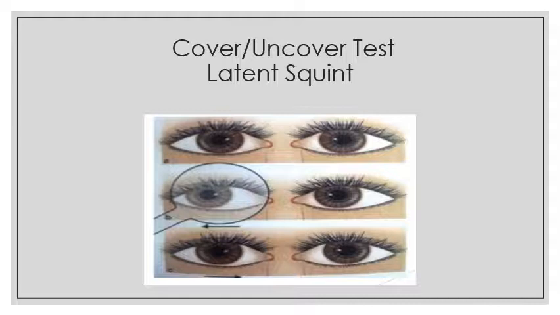Remove the cover and notice the movement of the previously covered eye. In cases of latent squint, the covered eye will come back from the squinting position to the orthophoric position.